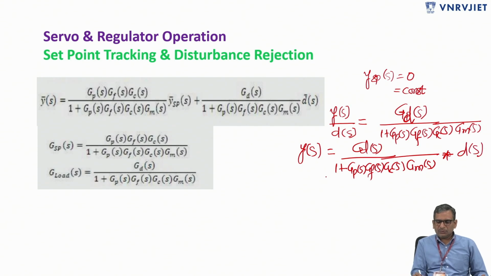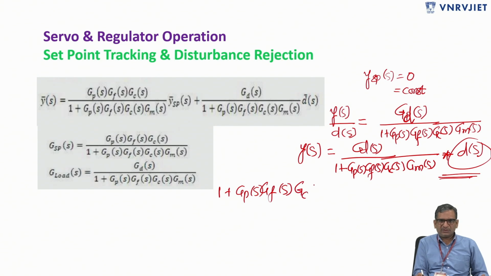Now we don't want the output to change due to D(s). So the requirement is to minimize the effect of this disturbance. Again, if we see the characteristic equation, 1 plus this, I'm writing here the characteristic equation. If you see the characteristic equation, you will find again that Gm(s), the gain of the feedback element or the sensor device, is constant.